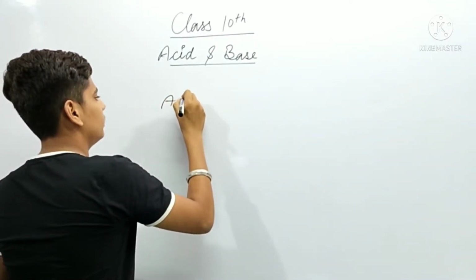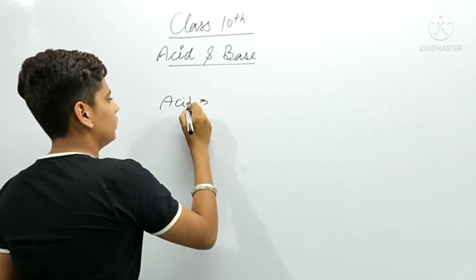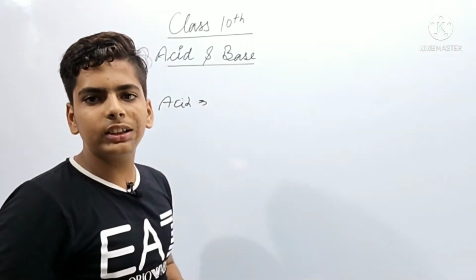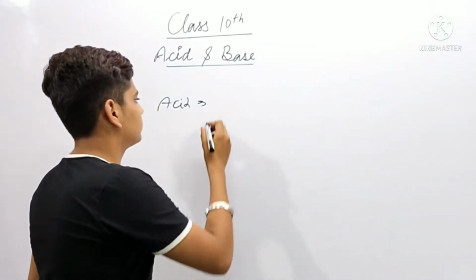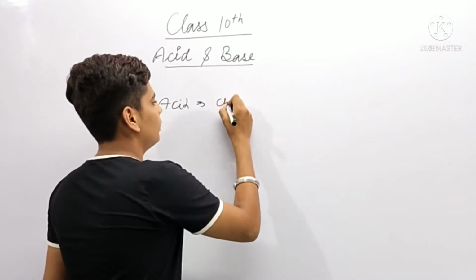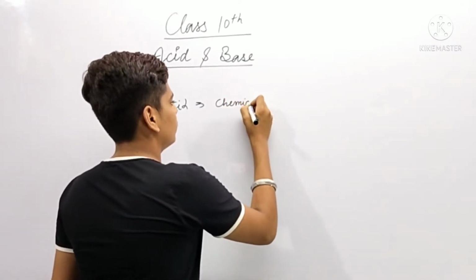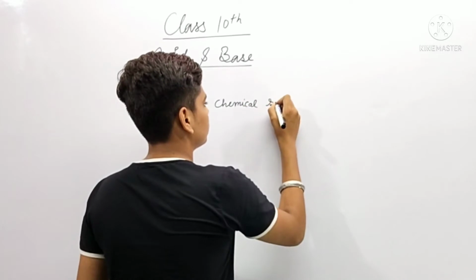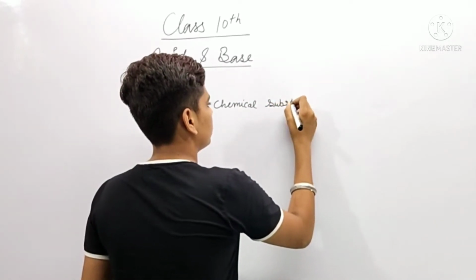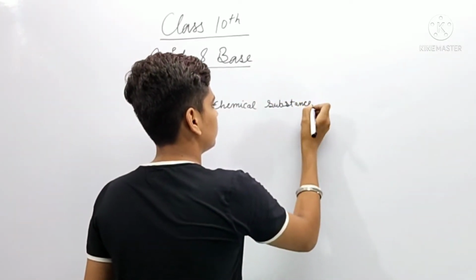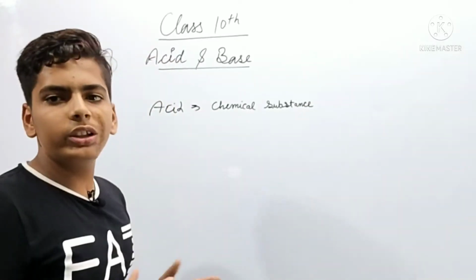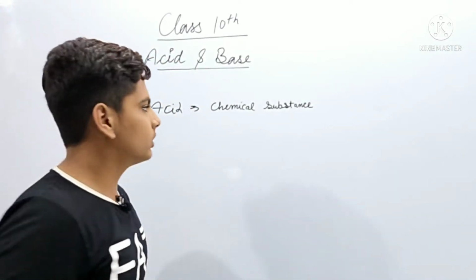Acid. What is acid? Acids are chemical substances which are sour in taste.